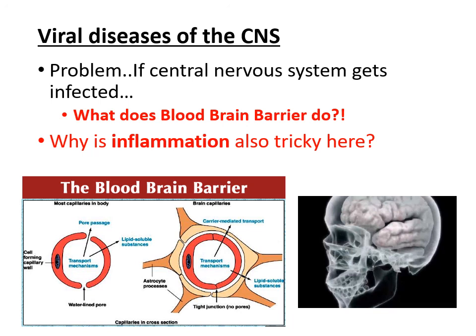So when you think of viral diseases of the central nervous system, know that they're very problematic. Most of them are lethal because of the blood-brain barrier blocking drugs or treatment, and because inflammation becomes so dangerous. Your brain can only swell so much before it starts squishing against your skull and getting damaged.